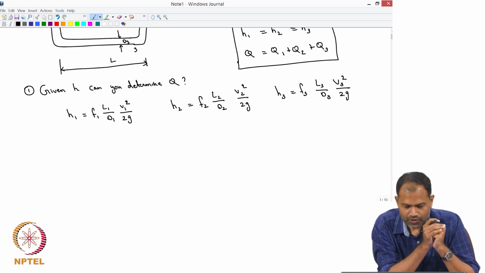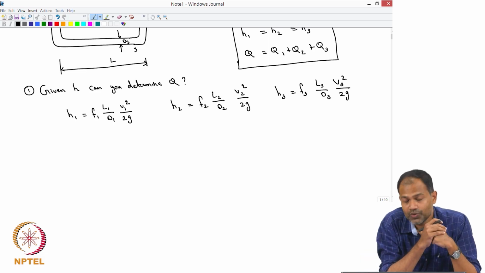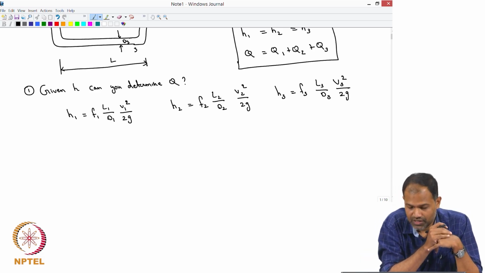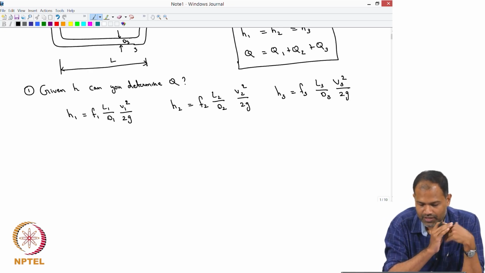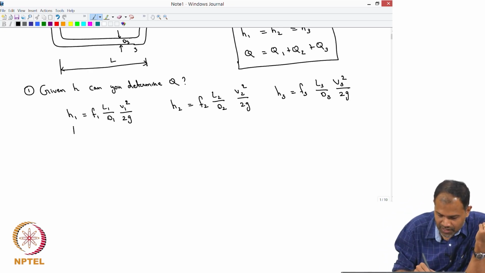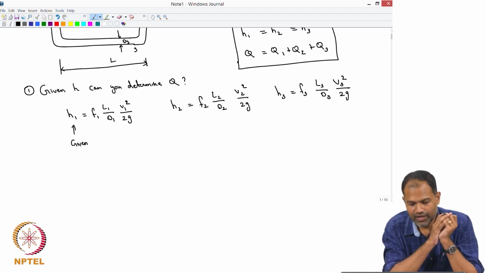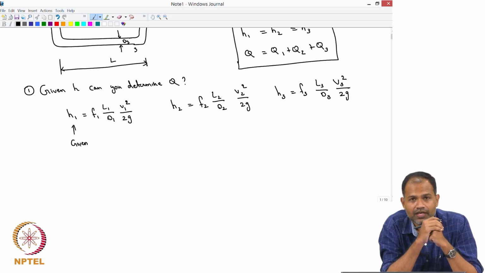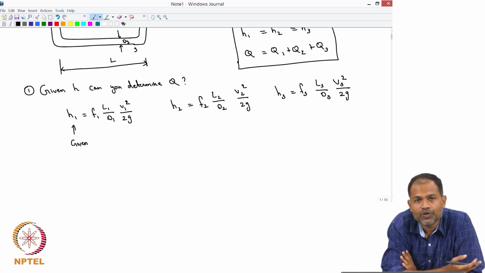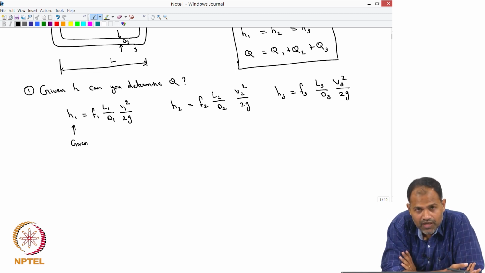This is how you would calculate H1, H2 and H3. We know H1, H2, H3, but we do not know V1, V2, V3. Since H1 is given, we need to just calculate V1, but to calculate V1 you need to know F1, and F1 of course depends upon the Reynolds number, and the Reynolds number again depends on V1.